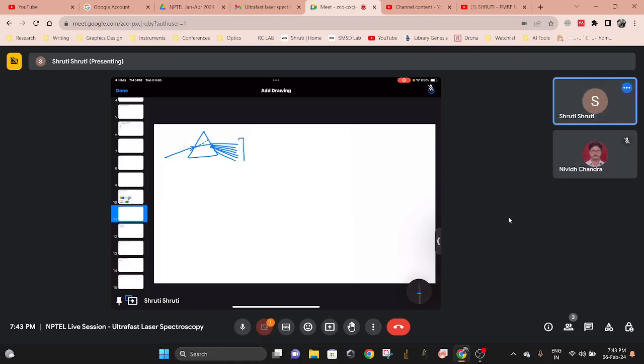So this is also a kind of separation of wavelengths. White light or sunlight. So the prism can also act as a monochromator.